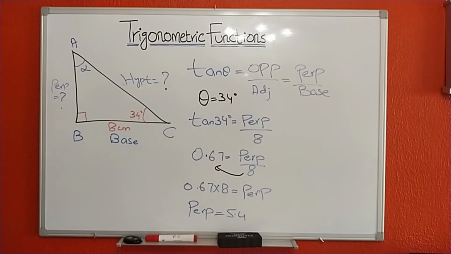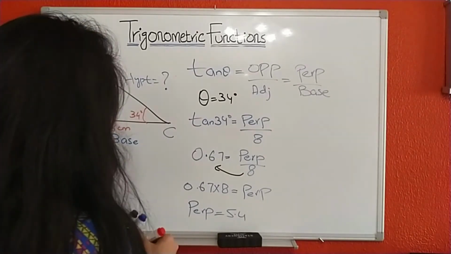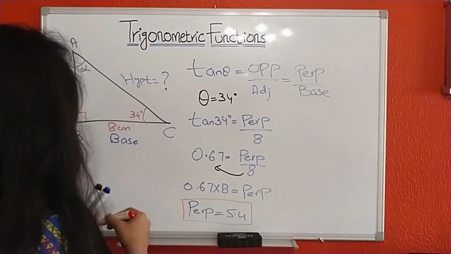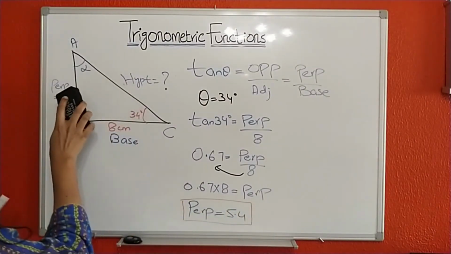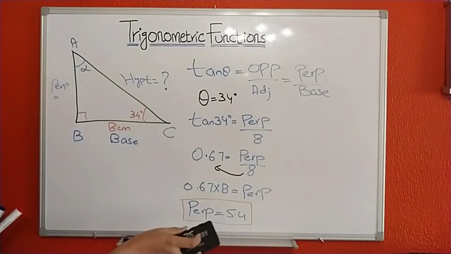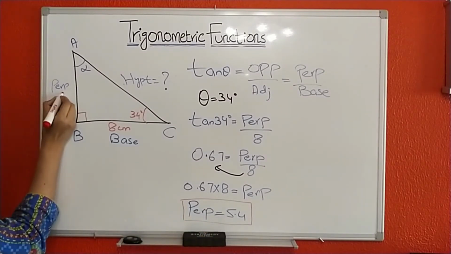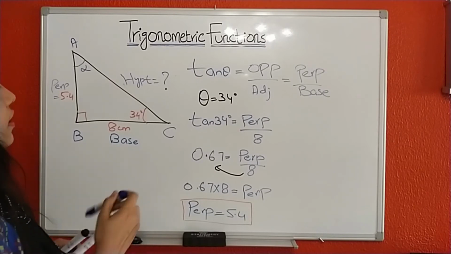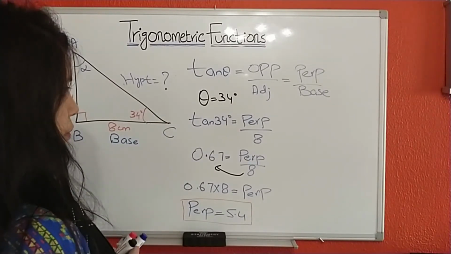Now I have calculated the value of perpendicular and I am writing this value here, 5.4. Now I can easily find the value of hypotenuse through the Pythagoras theorem.